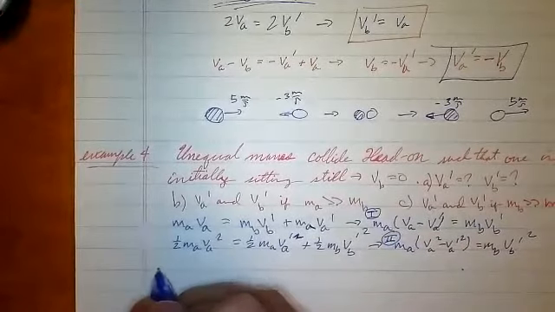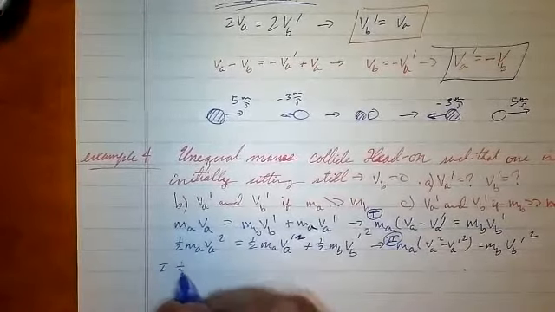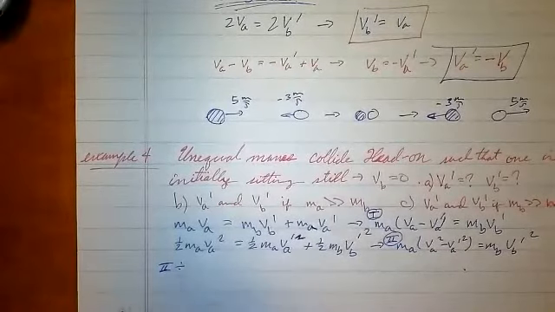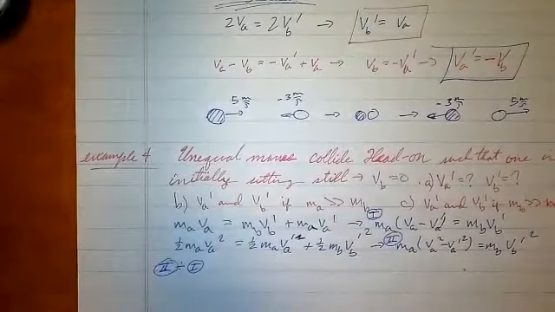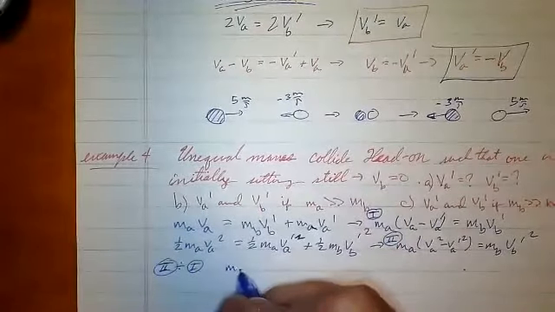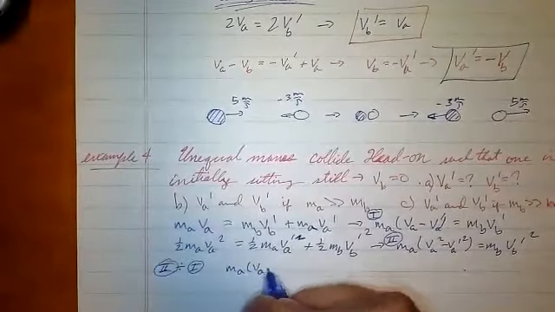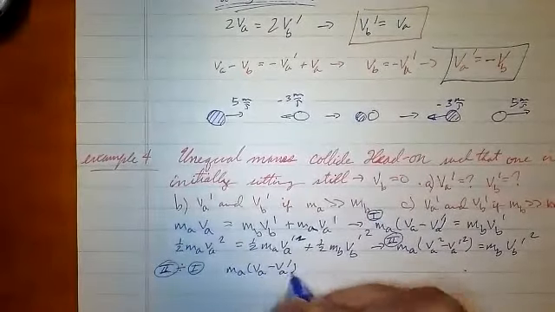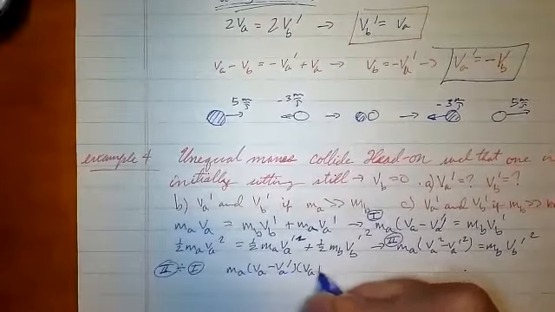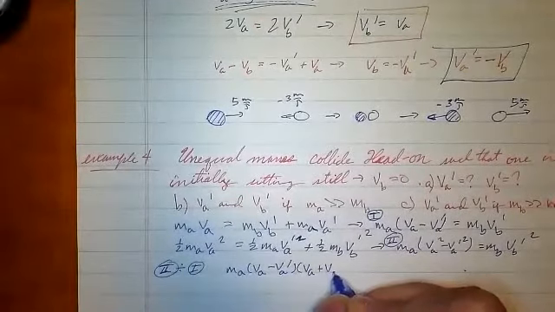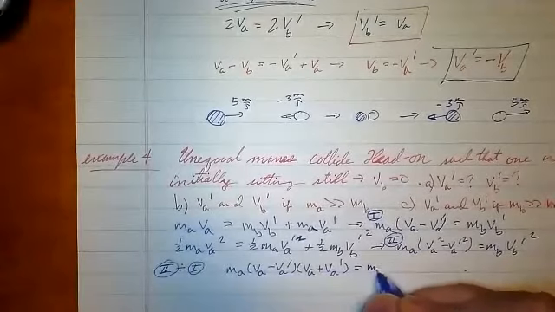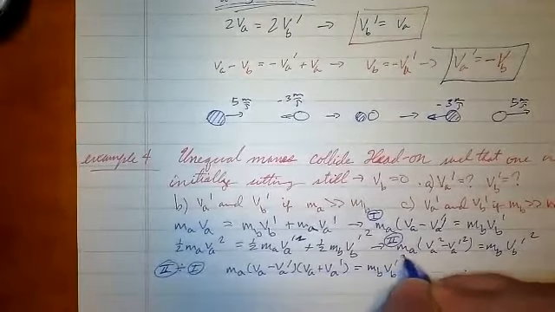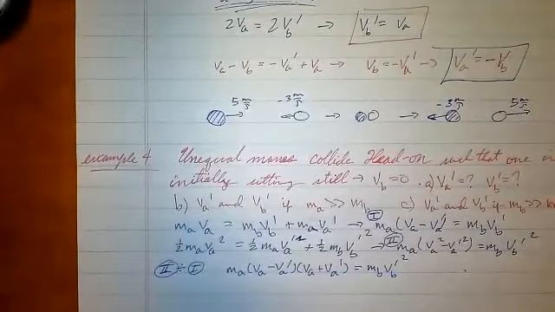So I can do 1 divided by, or actually 2 divided by 1, but I'm going to write 2 in a very special way. I'm going to write it like I did before. I'm going to say MA times VA minus VA prime times VA plus VA prime is equal to MB VB prime squared.